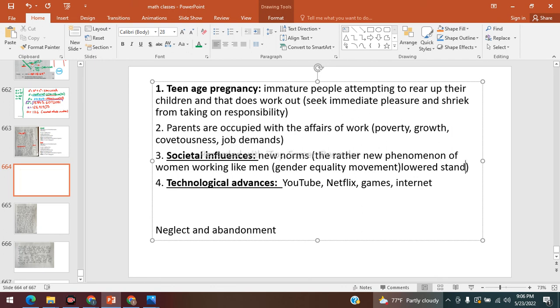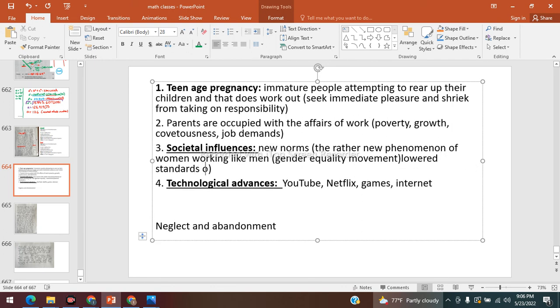Lowered standards on what it means to be a parent. Standards are really low. Society doesn't look at you any differently when you have a child and don't take care of them versus when you have a child and take care of them. It's like there's no standards, right?